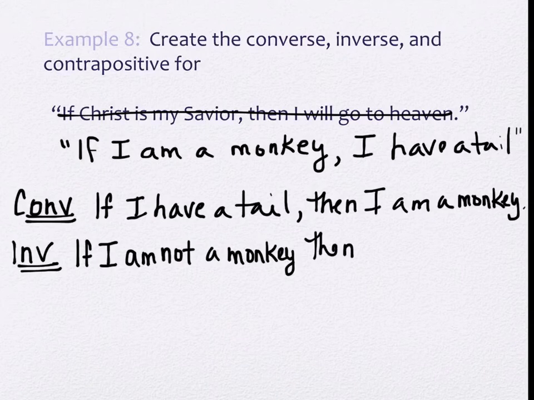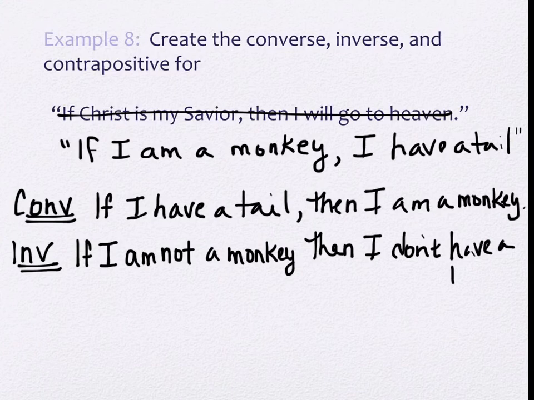Then what? I do not, or I don't, whatever you'd like, have a tail. And again, this doesn't work because we could still be a cow, right? We or it, if you prefer. We're not cows, but you know what I mean.